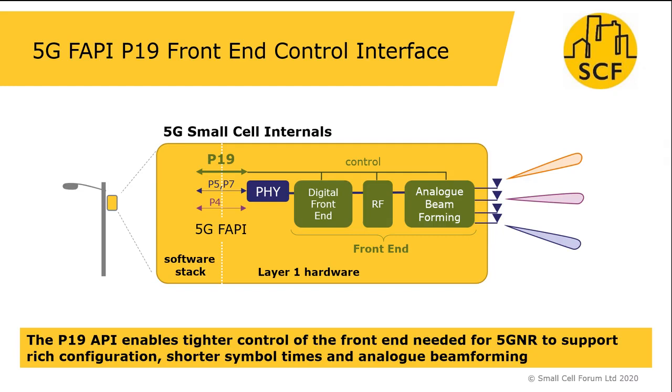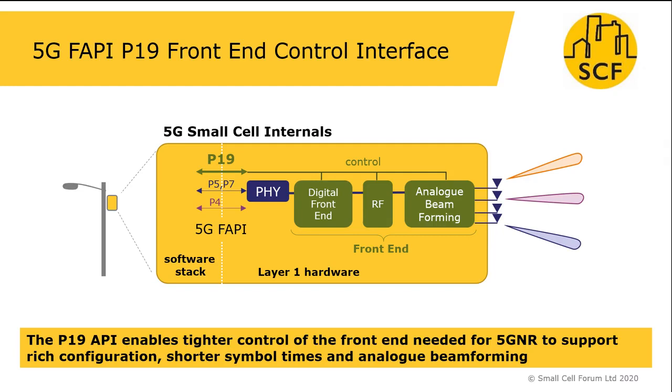To achieve this, P19 defines a large set of APIs that allow the upper stack to configure the RF, the DFE, and the analog beamforming blocks in a wide range of arrangements, as well as to monitor and adjust their system parameters at timescales compatible with 5GNR's requirements.